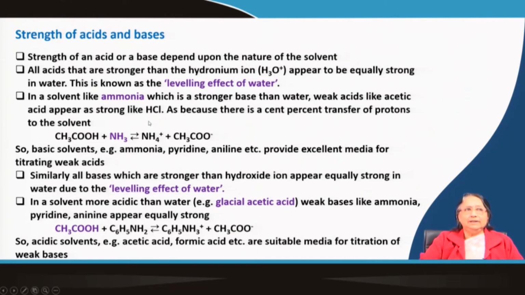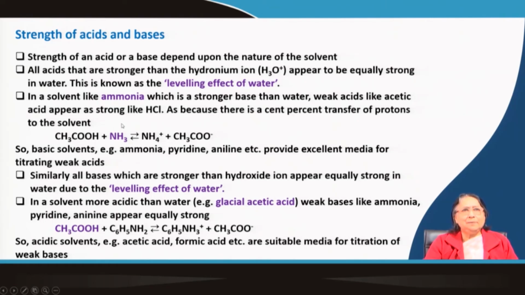We know that acetic acid is a weak acid because it is a weak electrolyte and does not dissociate 100%. But if you take ammonia as a solvent instead of water, then in that solvent the acetic acid will act as a strong acid, just like HCl in water, because there is a complete transfer of proton to the solvent. Very interesting.